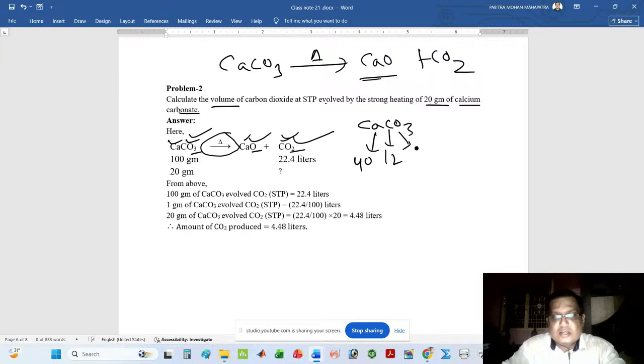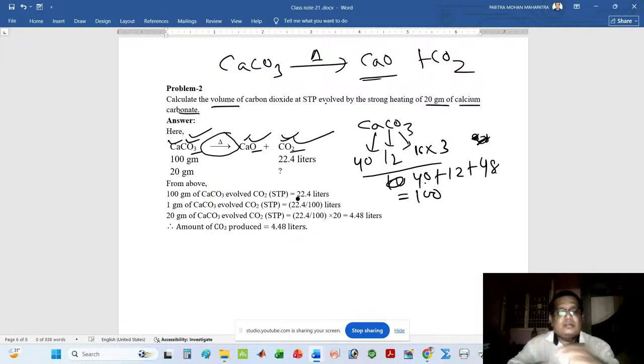That means here I can say 40 plus 12 plus 48. That means 40 plus 48 is 88, 88 plus 12 is 100. So here I can say that 100 gram of calcium carbonate when undergoes heating, then 22.4 liter of carbon dioxide is produced.